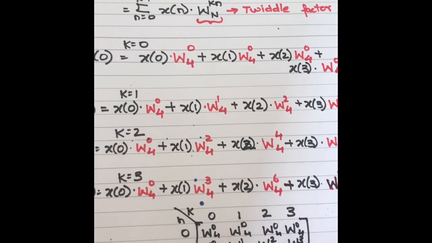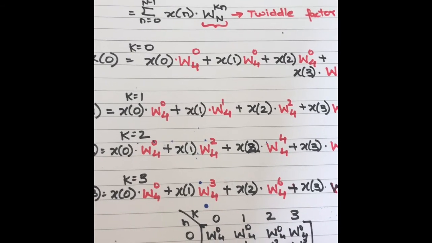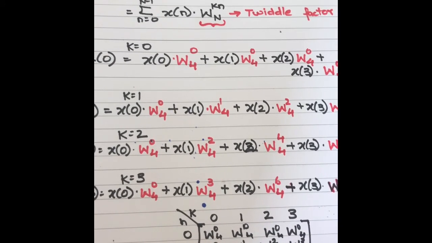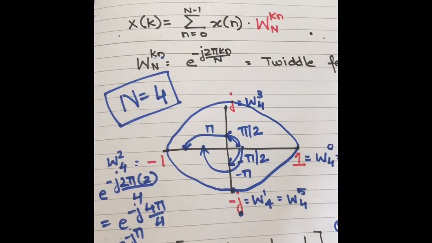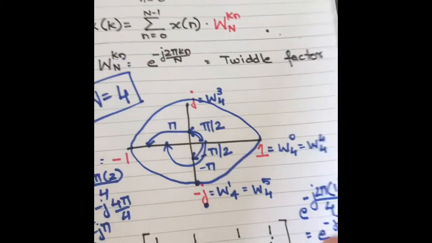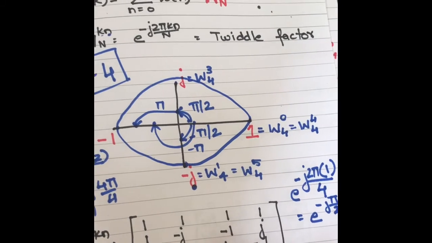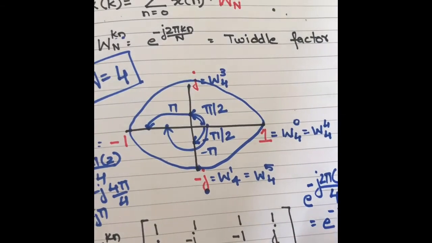Then W24 is minus 1, W44 is the same as W04. W04 value is plus 1. So W44 value is also plus 1. W64 is the same as W24. W24 value is minus 1. So W64 value is also minus 1. So here you will see the third row, plus 1, minus 1, plus 1, minus 1.